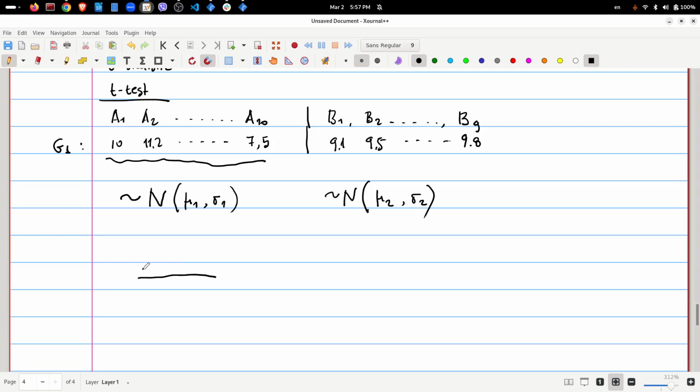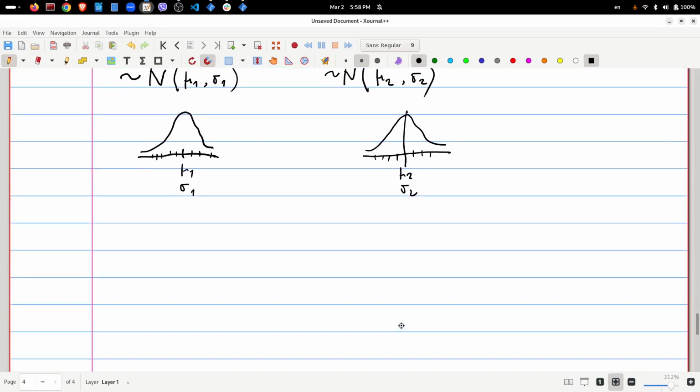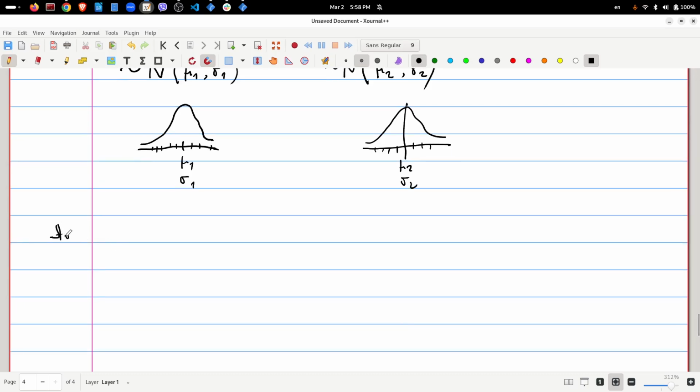In other words, we have a normal distribution with some mean and some standard deviation, and we say that these values are coming from here. So for example, these are the 10 values. And again here there is some other normal distribution that gives these 9 values. Our hypothesis, the null hypothesis, is that these two distributions are the same, or they have the same mean actually.